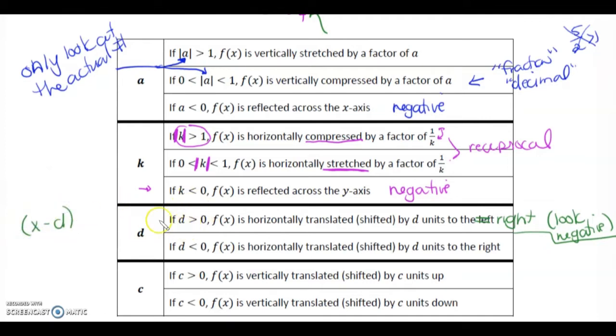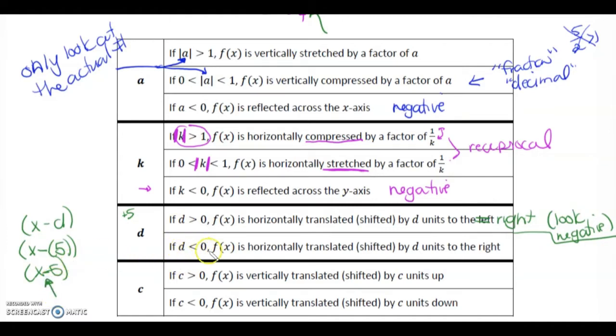If d is greater than 0, let's just take, for example, positive 5. If we put x minus d, and then we put a positive 5 in here, we simplify that to x minus 5, sorry, x minus positive 5. Okay, so x minus 5. So this is going to look negative, but it's actually moving to the right.